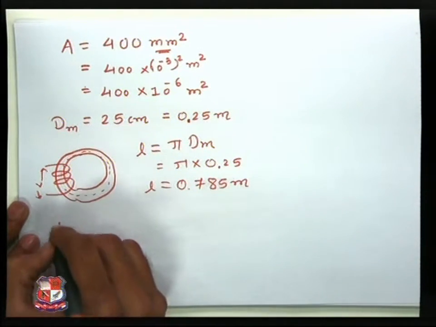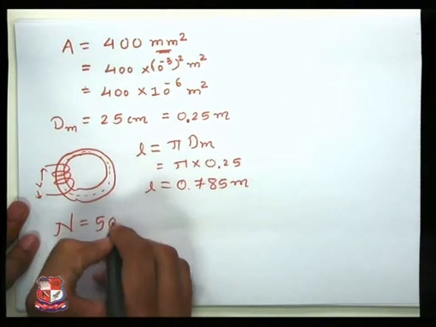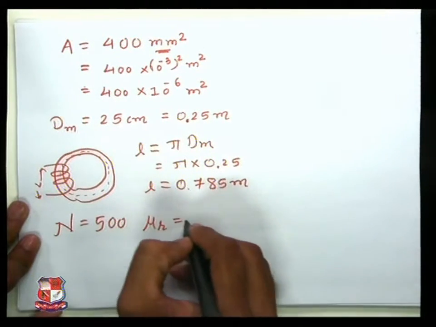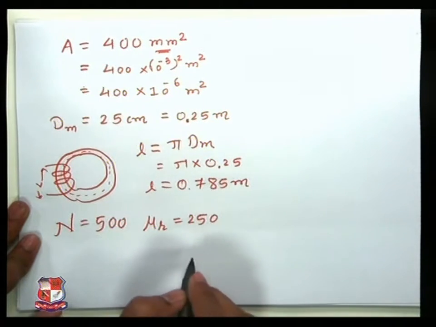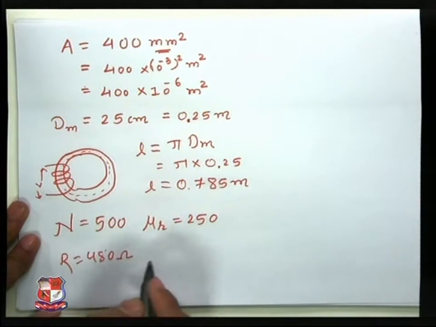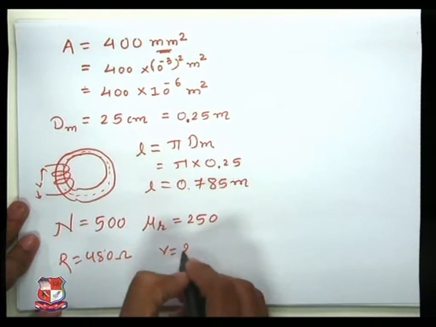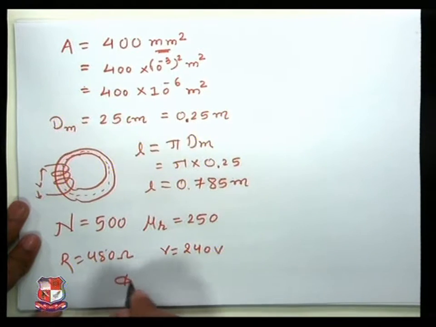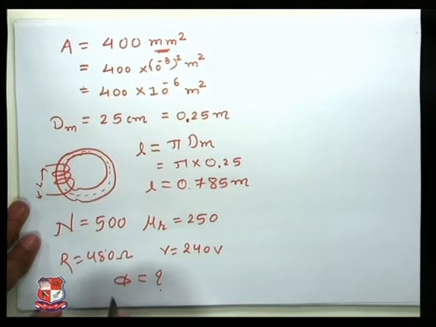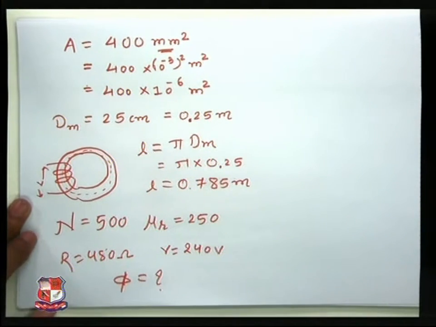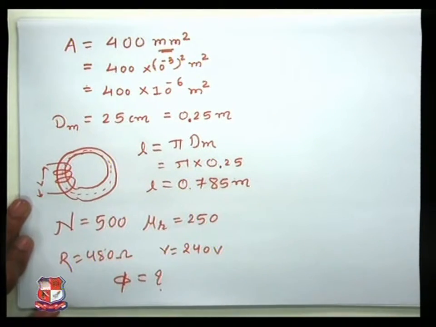And the other data given: N equal to 500 turns, relative permeability is 250, resistance is 480 ohm, and voltage is 240 volt. We just need to find the total flux established in the ring from the given data.